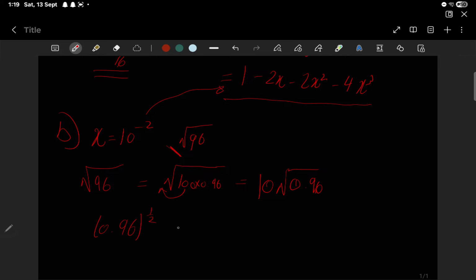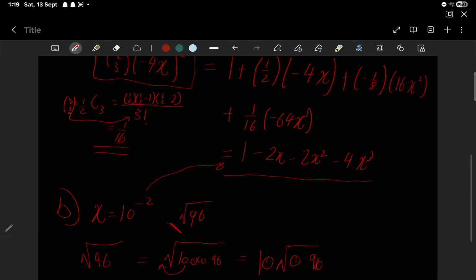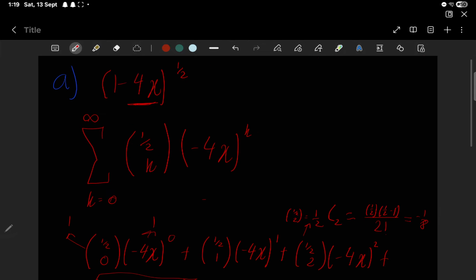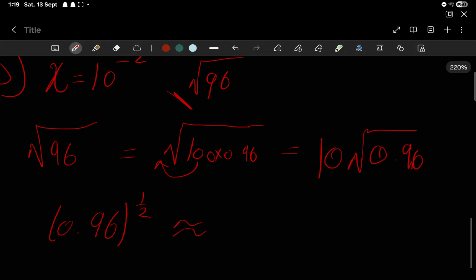This is just to confirm that we have approximately 1 minus 4x to the power of 1 over 2.